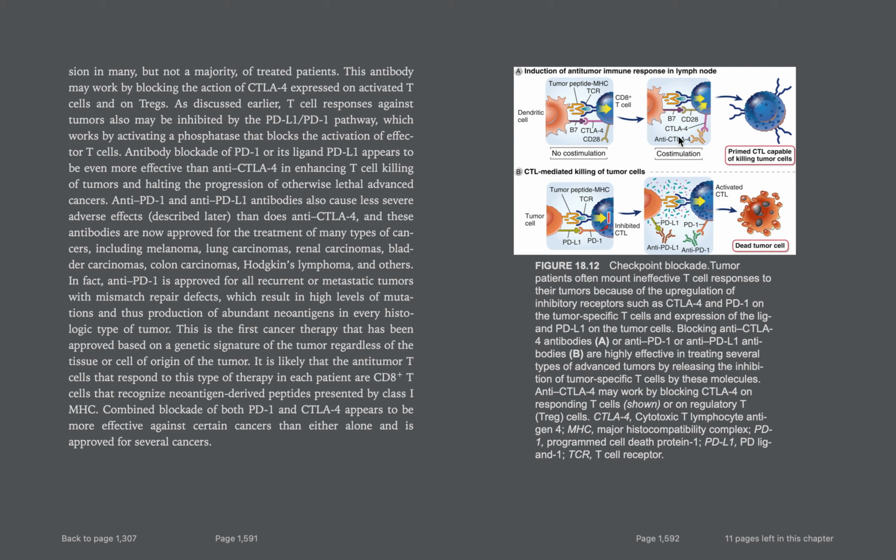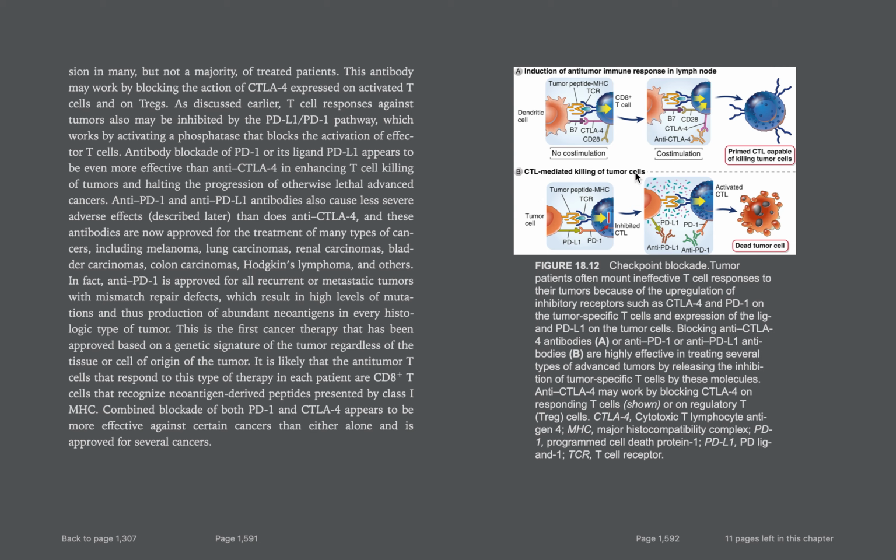But co-stimulation can happen if there is anti-CTLA4 which can block the CTLA4. Then the CD28 is free to interact with the normal ligand. So then primary CTL is capable of killing the tumor cells.